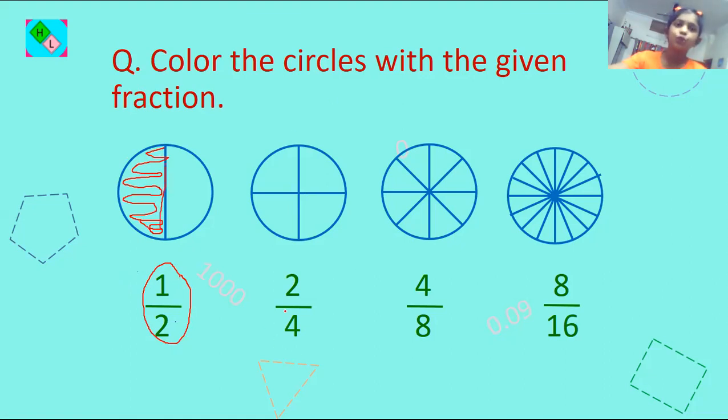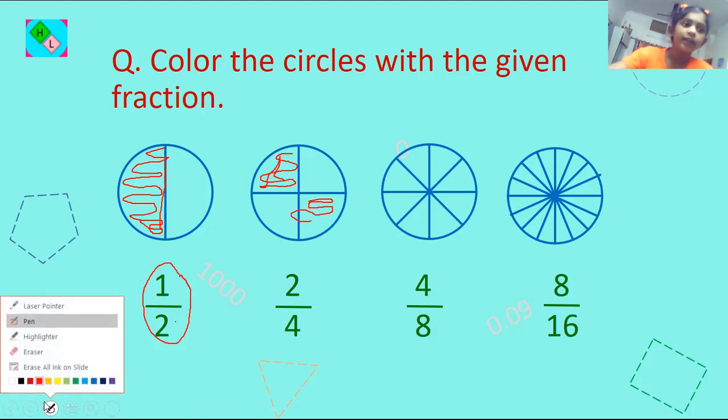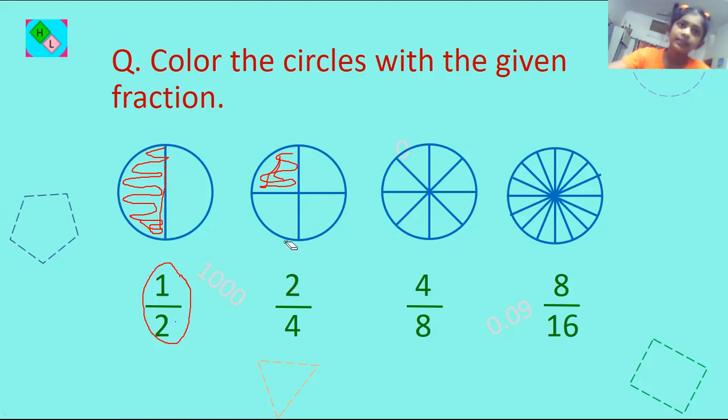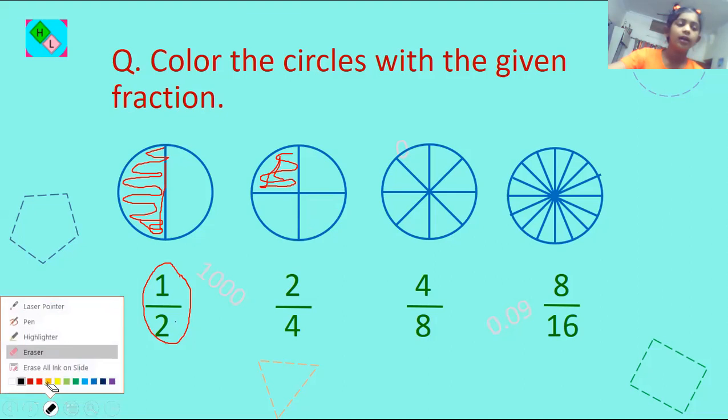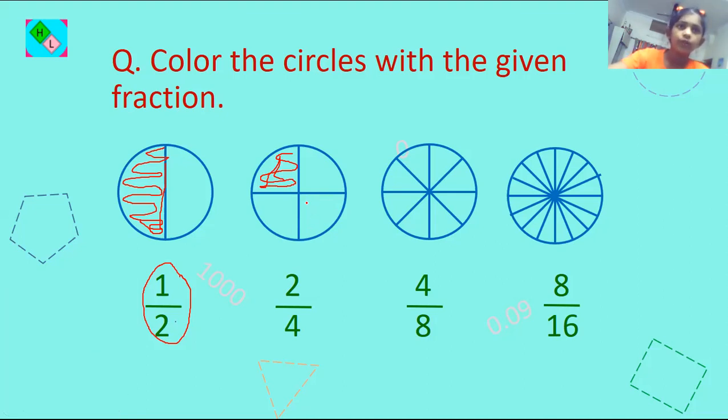Now the next is 2 by 4. There are 4 parts. We need to color how many parts? 2 parts. So let's color 1 part and 2 parts. We can color any, it need not be the side, so we can color the opposite one also, like the back one. So this is 2 by 4.